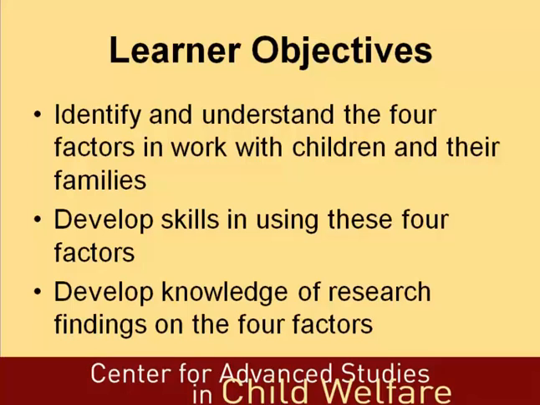After successfully completing this online curriculum, you will have developed skills in using the 4 factors in your work with children and their families. These factors do not operate in isolation, but work together.